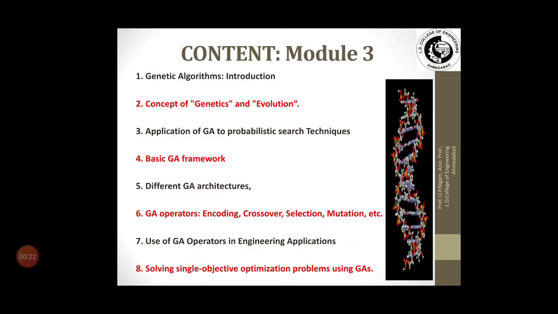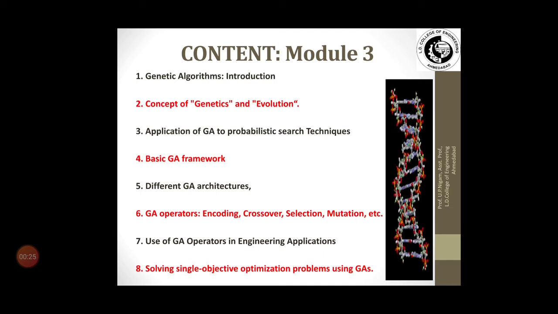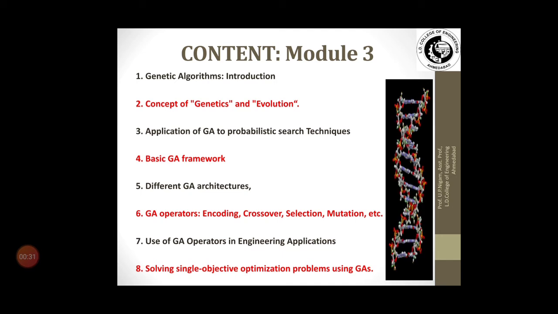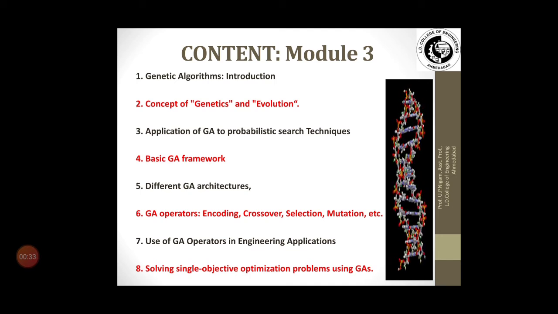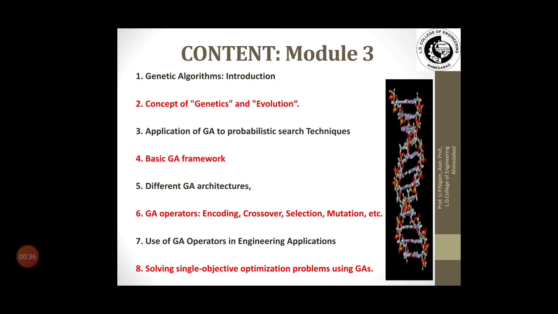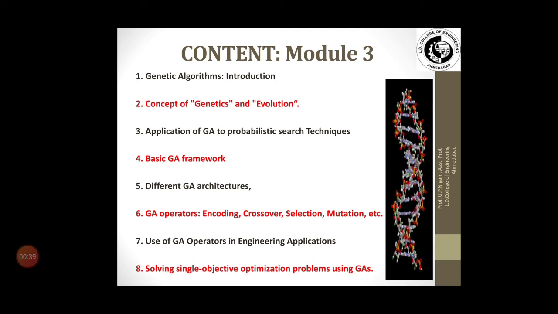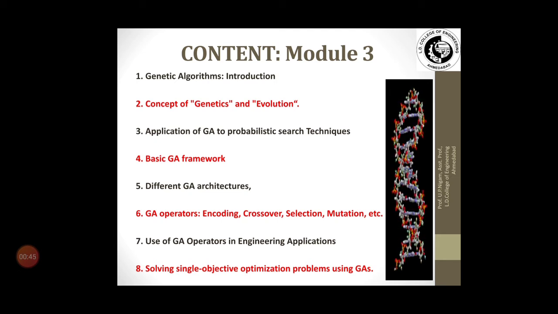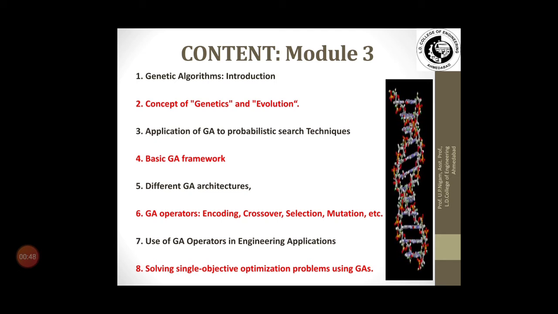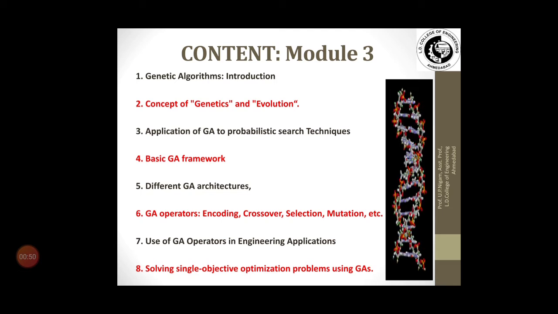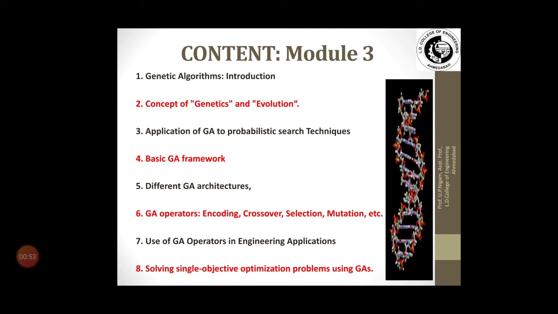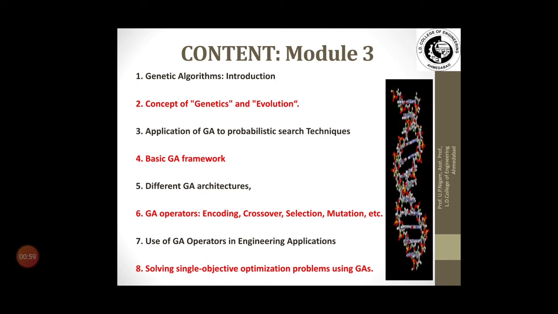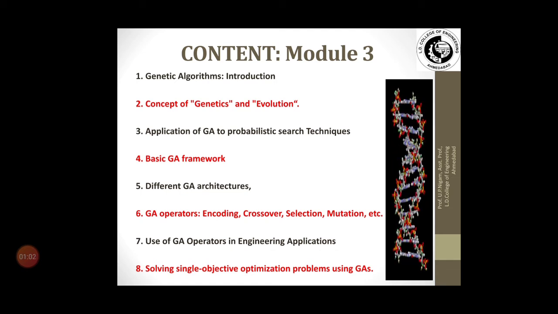This is the content: the genetic algorithm, its introduction, how the concept of genetics and evolution started, why this is known as evolutionary algorithms, application of GA to probabilistic search techniques, the basic genetic algorithm framework, the different GA architectures, the GA operators which are very important to understand, known as encoding, crossover, selection, mutation, etc. The use of genetic algorithm operators in engineering applications, solving single objective optimization problems using genetic algorithms. We will try to learn from the examples.